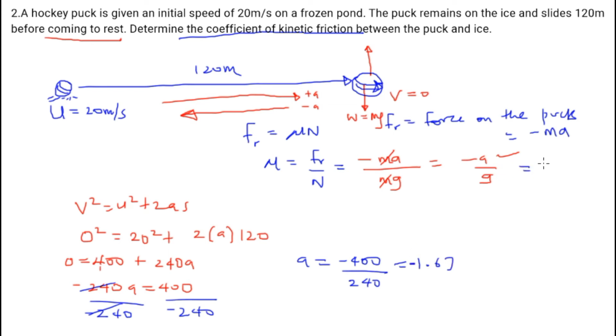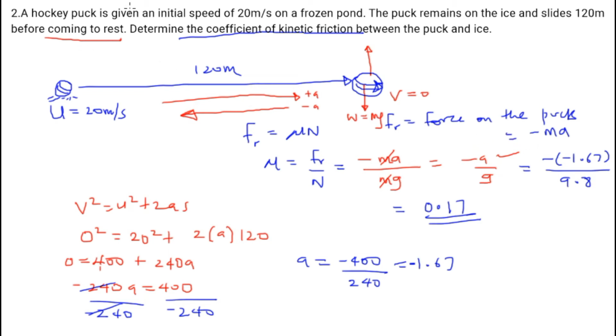By substituting this value, I'll have minus into minus 1.67 divided by g, where g is 9.8. If I divide this by 9.8, then I'll have 0.17 as the final answer. So the coefficient of kinetic friction between the puck and the ice is 0.17, while Fr, the frictional force, is the force on the puck and is given as minus ma.